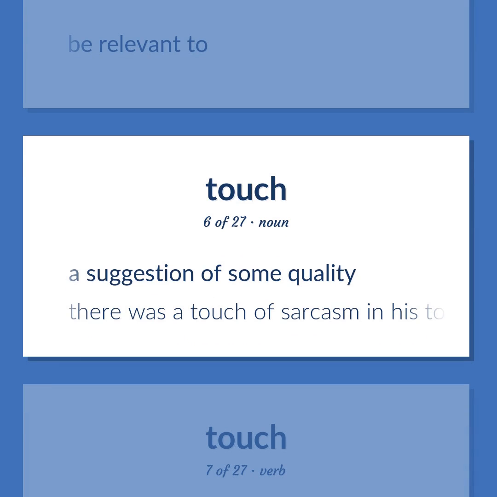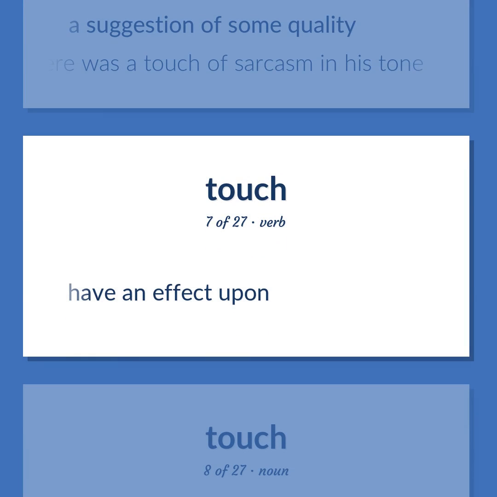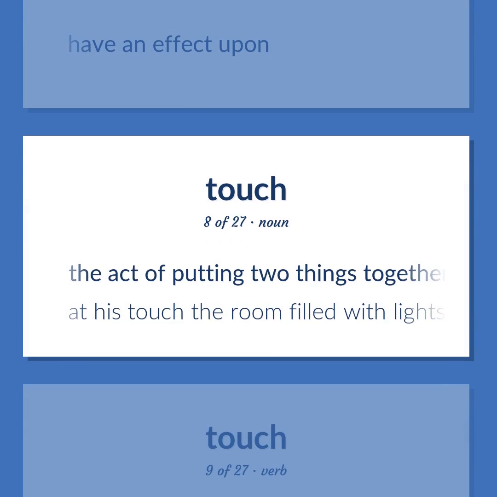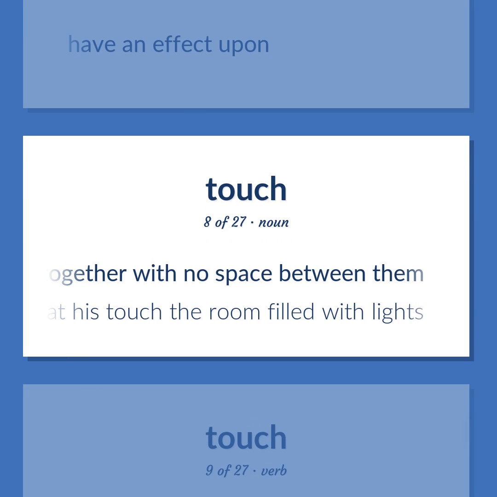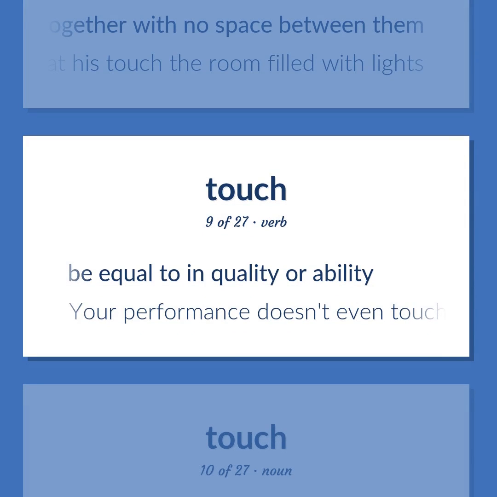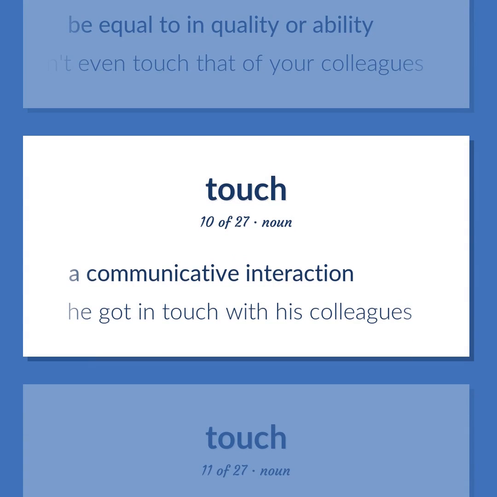There was a touch of sarcasm in his tone. Have an effect upon. The act of putting two things together with no space between them. At his touch the room filled with lights. Be equal to in quality or ability. Your performance doesn't even touch that of your colleagues. A communicative interaction. He got in touch with his colleagues.